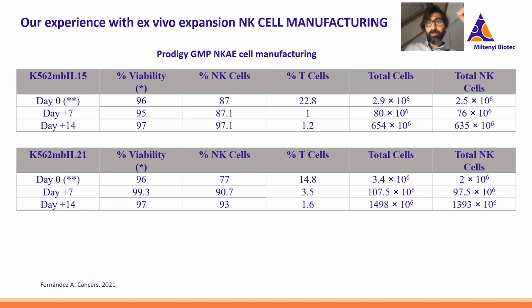The TexMACS medium was supplemented with 5% human AB serum and 100 international units of IL-2 from Miltenyi Biotec. NK cells were incubated in the chamber at 37 degrees and 5% CO2 in a static culture for the first week. At day 7, agitation got started, and then we were adding medium with IL-2 in order to expand.